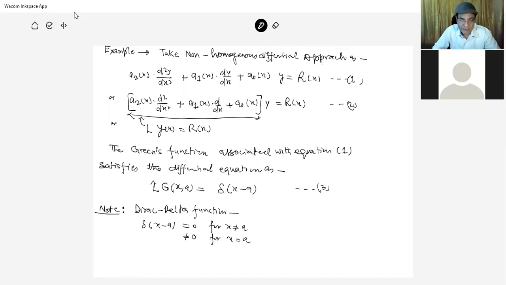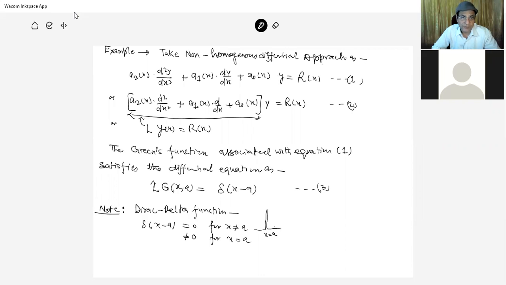So at x equal to a, the value is finite. It means we have to express something like this. And this particular point is x equal to a.